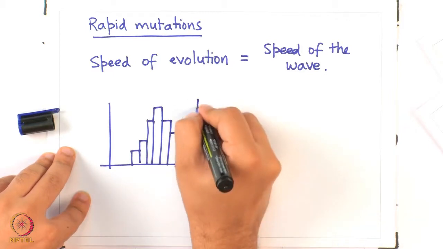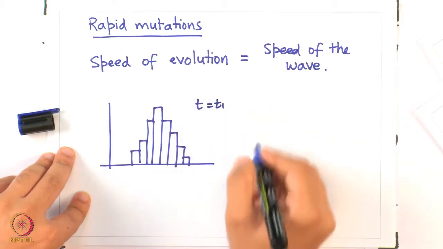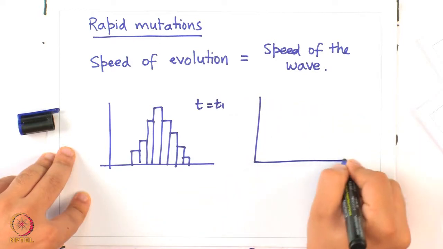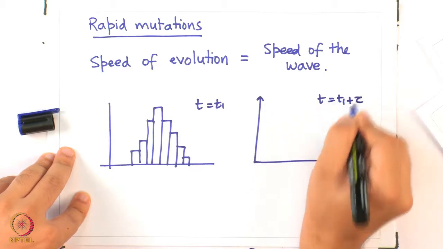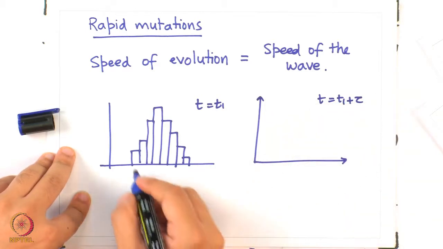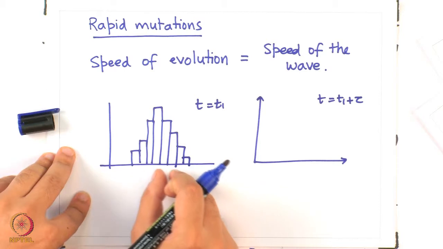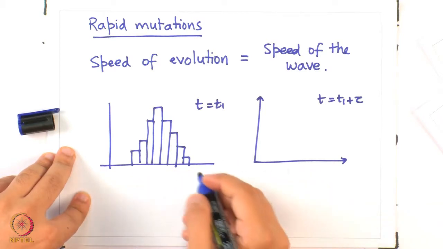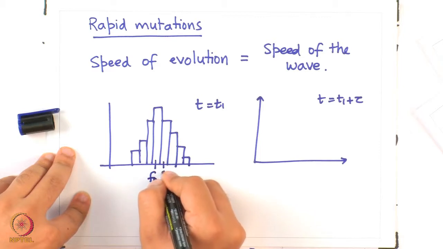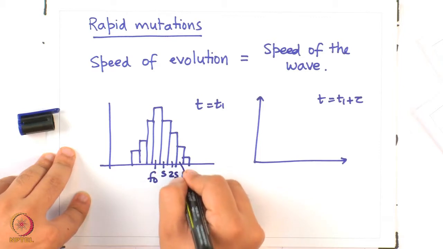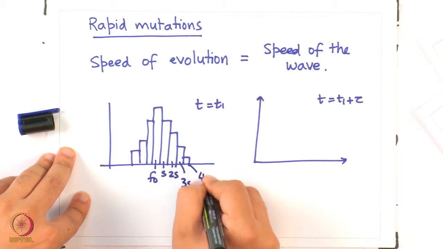if this is the distribution at t equal to t1, and then at t equal to t1 plus tau, what has happened is that every bar has gotten shifted to the right exactly. So if this is the mean fitness f0, this is s, this is f0 plus 2s, 3s and 4s.